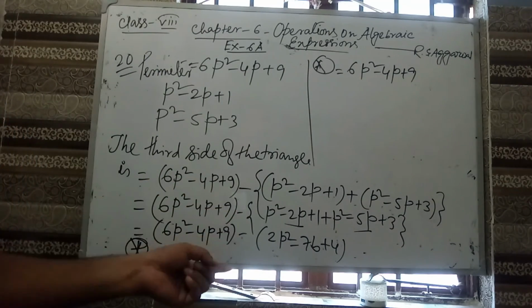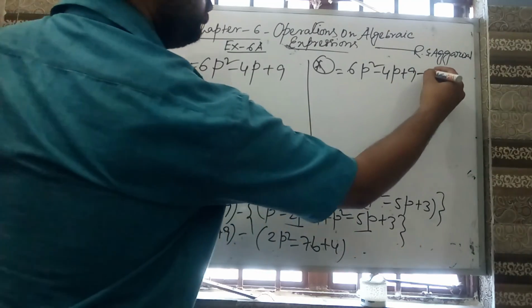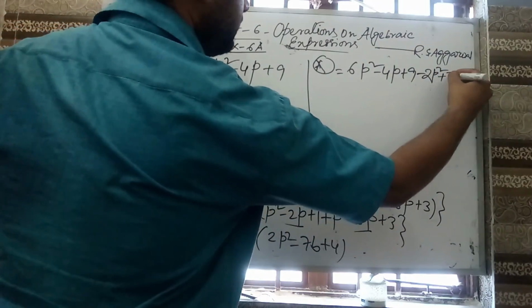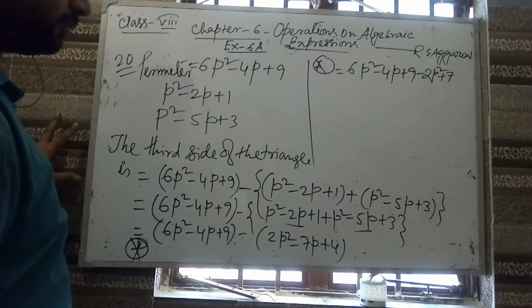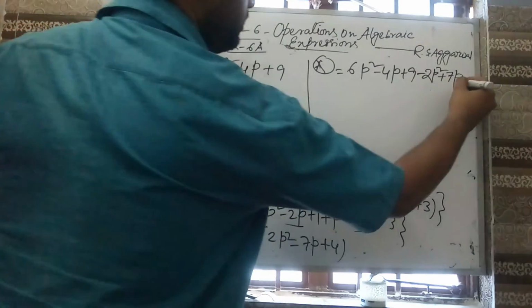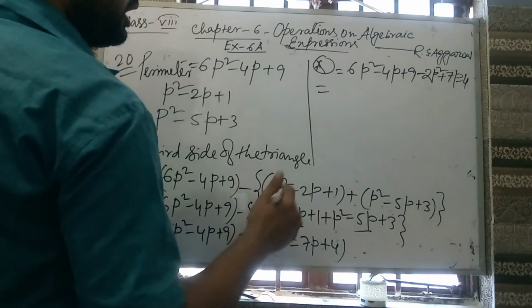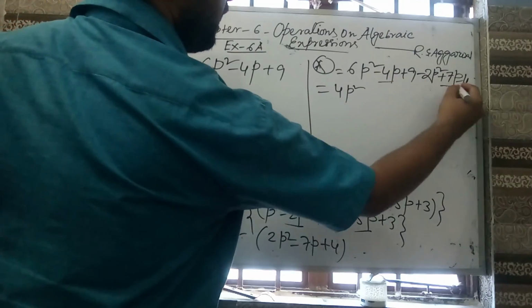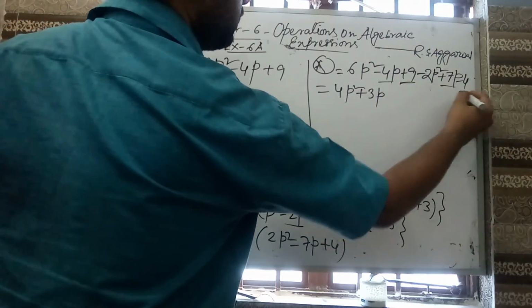When we multiply by minus, the sign will change, so it will become minus 2p square, minus into minus plus, plus 7p, minus into plus, minus 4. Calculate it. 6p square minus 2p square, 4p square, minus 4p plus 7p, so plus 3p, plus 9 minus 4 plus 5.